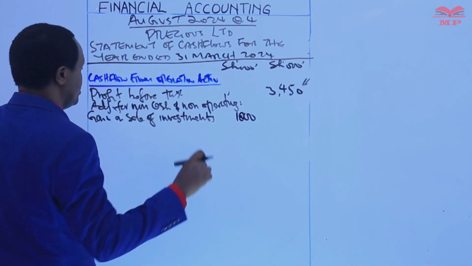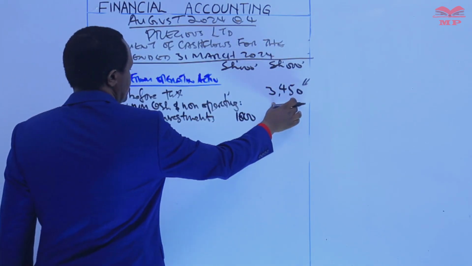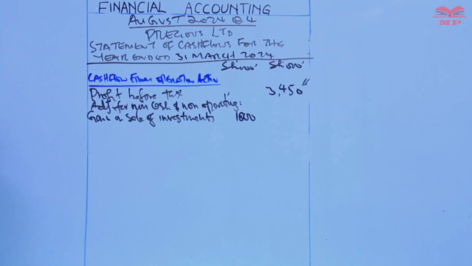Now, how do we make the adjustment? Are we going to add to the profit, or deduct from the profit? John Buddy says deduct.